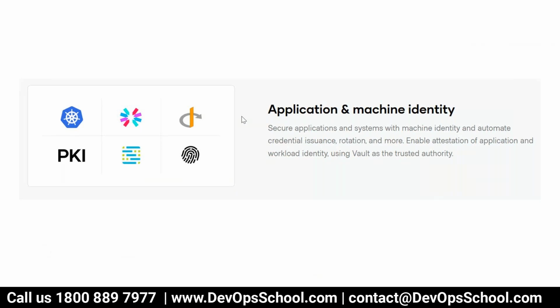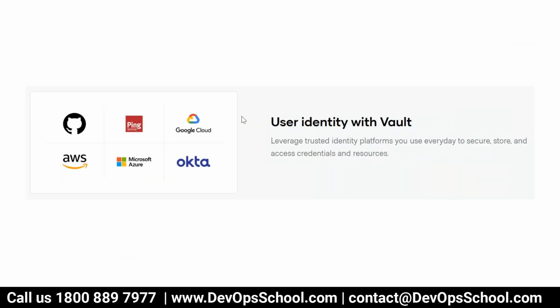Some of the identities you can see here: PKI, Kubernetes, biometrics, AWS, Google Cloud, Okta, Microsoft Azure, GitHub. All these things you can use for authentication.